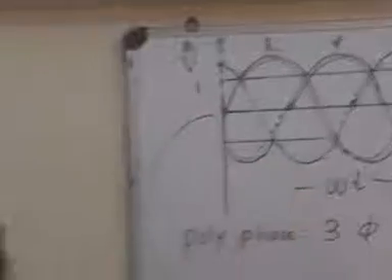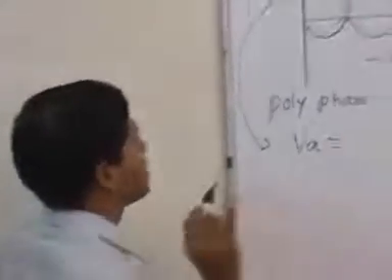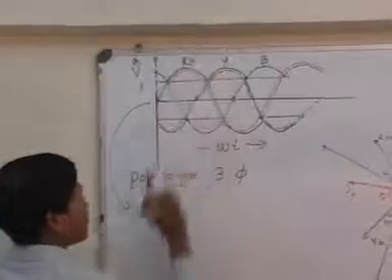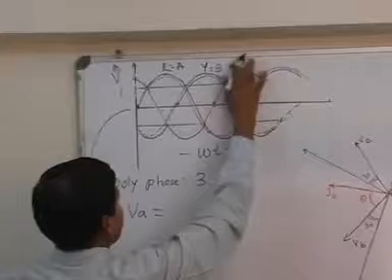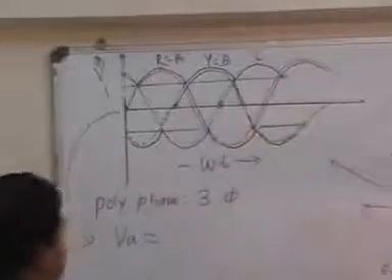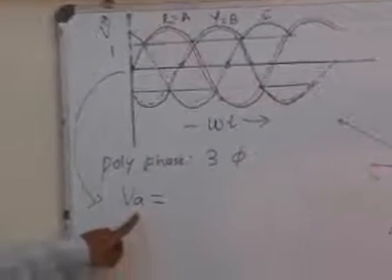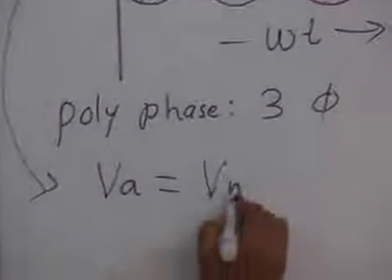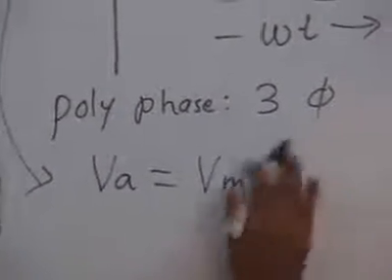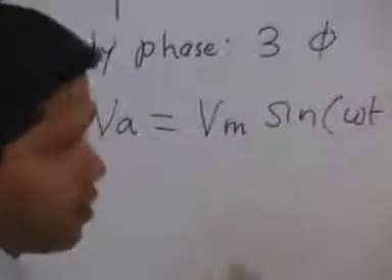The same voltages can be written in phasor form. I will call R the A phase, Y the B phase, and here we call it the C phase. So VA is the voltage at phase A, equal to Vm sine of omega t.